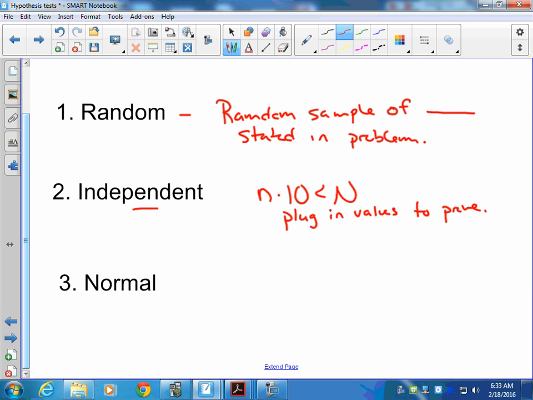Okay, and the other part of independence, when we're doing a two-sample problem, we have to show that the two samples are independent of each other.